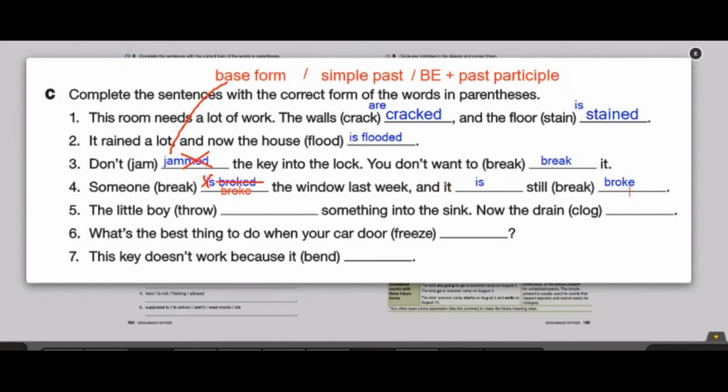Yeah, it's broke. So, do you agree, everybody? Teacher, in the last part is broken. Yes, broken. So, someone broke the window last week and it's still broken. Thank you. How about number 5?